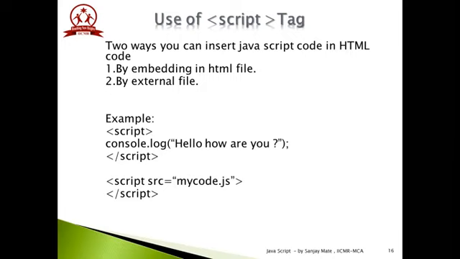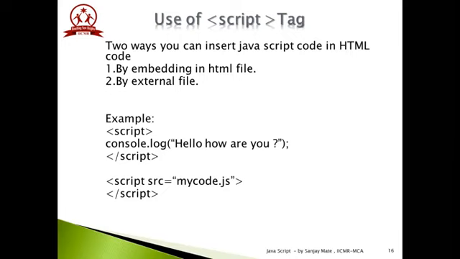Instead, there is another way: you can include an external file. For that, you need to write script src equal to the source, and whatever code you are going to write in JavaScript, write that whole code in mycode.js. You can give any name; here I have given the name mycode.js, and then close the script.